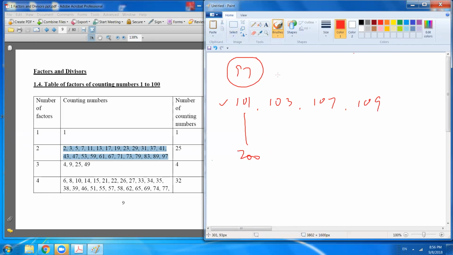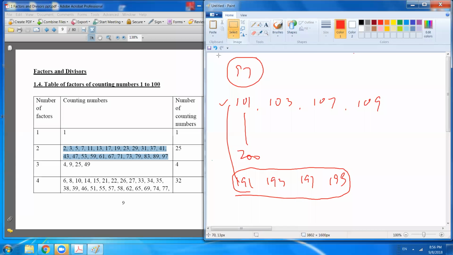I know that. Probably 200 is good for you. And do you think 191, 193, 197, 199 are prime numbers or not? See, you get 8 already, right? Total not many.